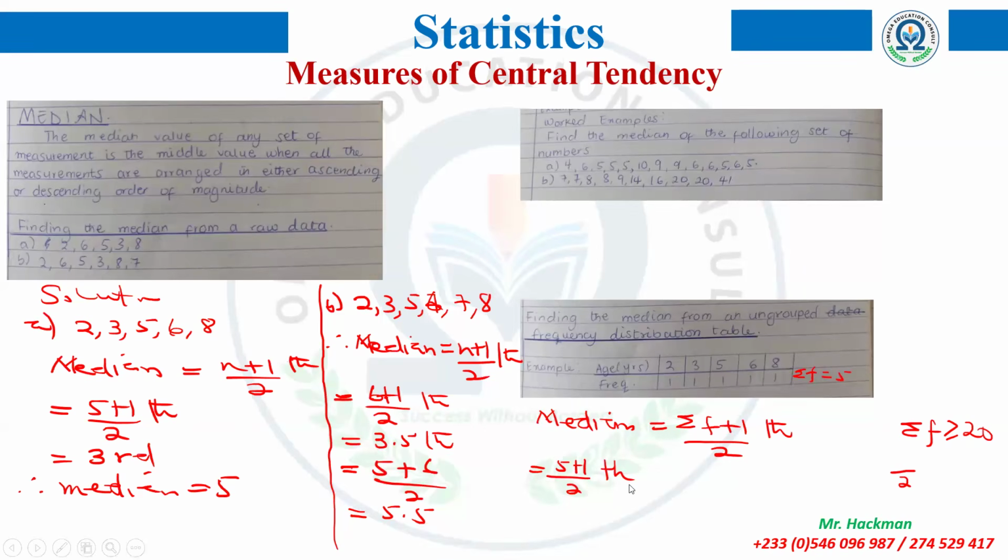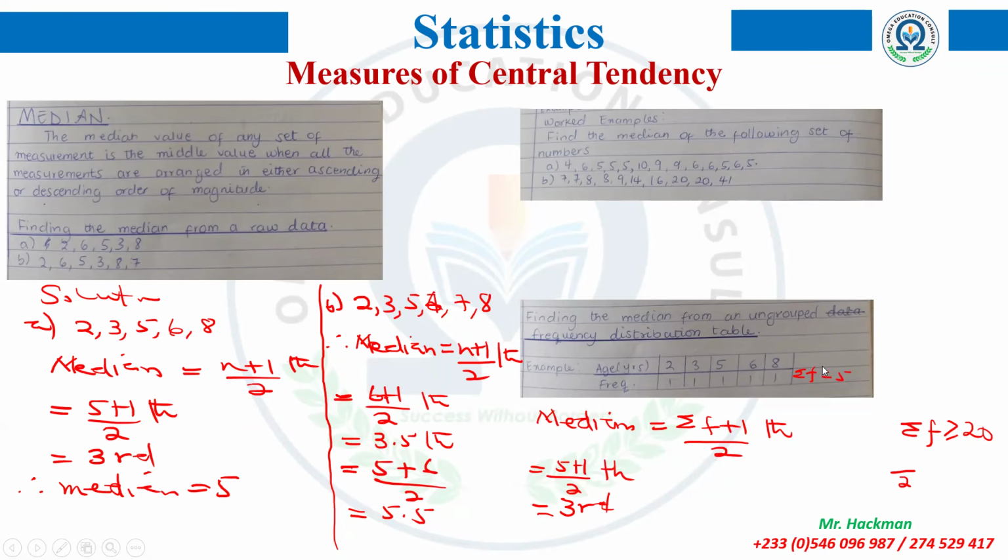Yes, please. Okay, so this gives us 6 over 2, which again gives us the third observation. Now, how do we get the third observation from the table? You just go and count. Usually, ungrouped or grouped, your observations will be in ascending order, from top downwards or from left towards right.